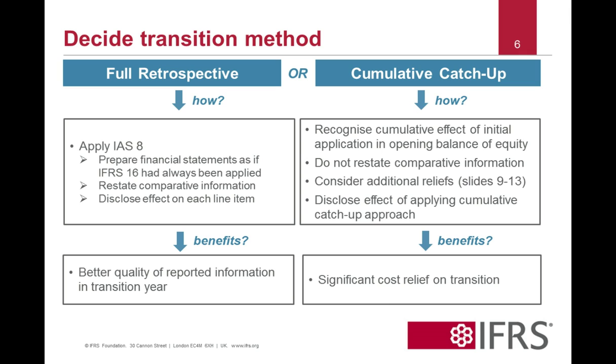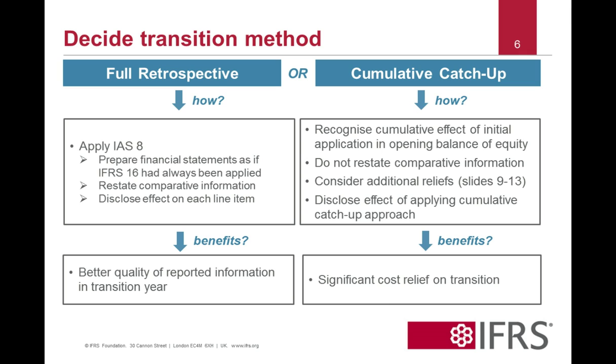However, because we received a lot of feedback about how costly this would be for lessees, IFRS 16 also permits an alternative option with a number of substantial cost reliefs available. This is referred to as the cumulative catch-up transition approach.